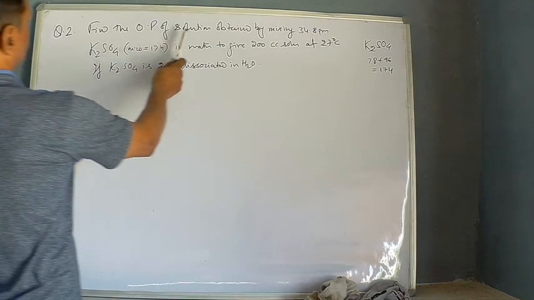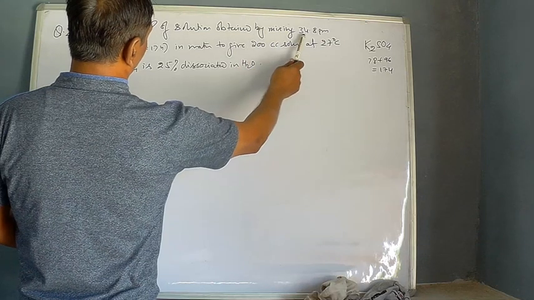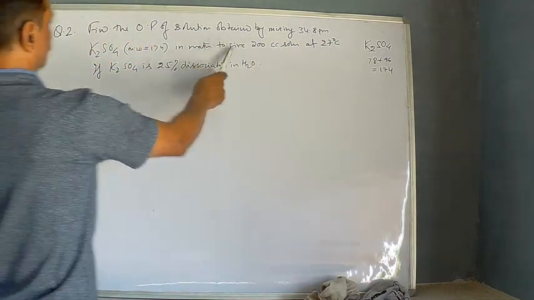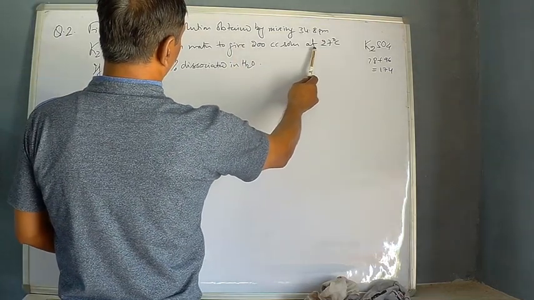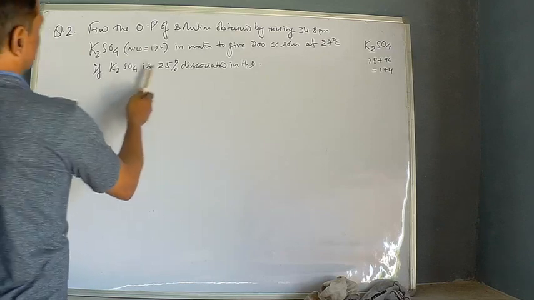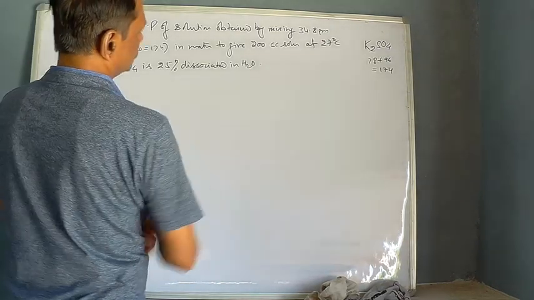Find the osmotic pressure of solution obtained by mixing 34.8 gram K2SO4 in water to give 200 cc solution at 27 degrees C, if potassium sulfate is 25% dissociated in water.